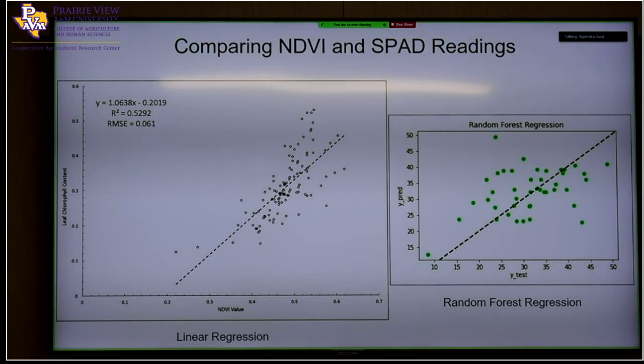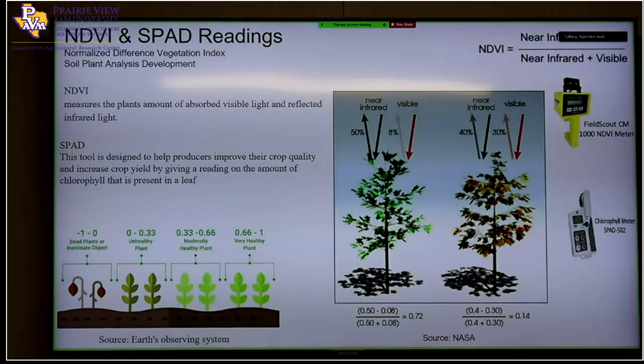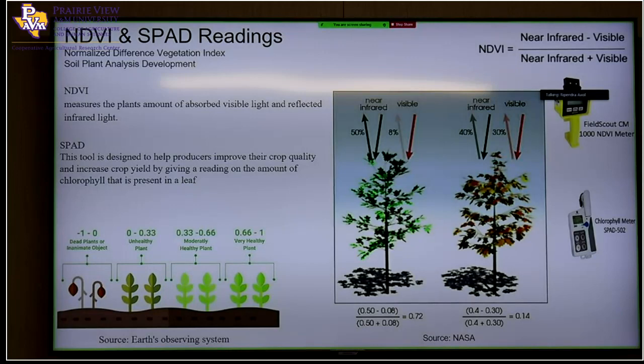But in this case, what does the NDVI measure? Sorry? What does the NDVI measure? What are you actually measuring? Oh, it measures the difference. We could go back, actually. The equation is up on the top right there. So a healthy plant will absorb more visible light, and so it will reflect less visible light, and it will reflect more near-infrared light.